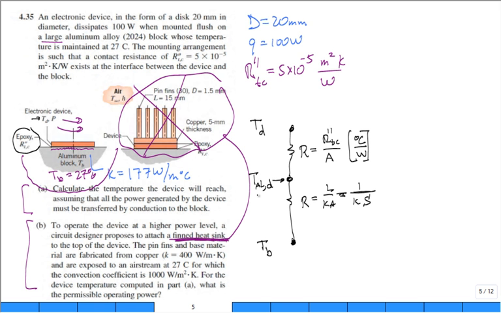Okay. How about once we have this organized, we know that we have 100 watts coming in. What we do is we say, go ahead and calculate the area and then calculate this resistance right here. This resistance for the first one is 0.1412 degrees C per watt. The resistance for the shape, but I need to get that conduction shape factor.